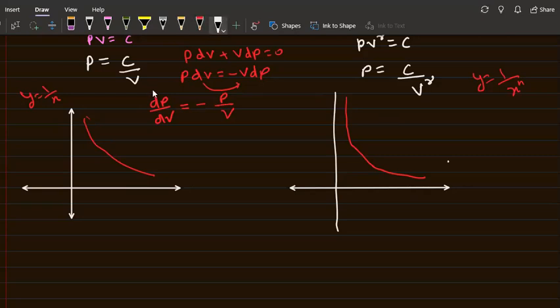So it will be V to the power gamma into dP plus, now P constant, so it will be d of V to the power gamma by dV. Yes or no?